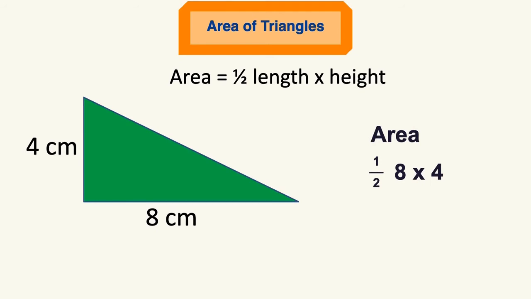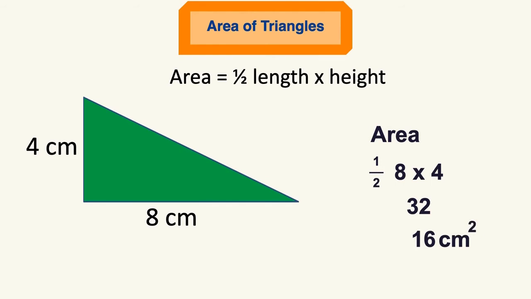When we do that, we get a product of 32. Now, we need to divide 32 by 2. That's the same thing as saying half of 32. When we do that, we get 16 centimeters. But we're not finished yet. Remember, area is measured in square units. So our final answer is 16 square centimeters.